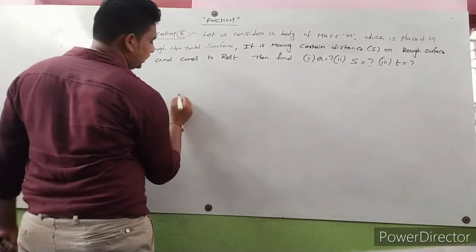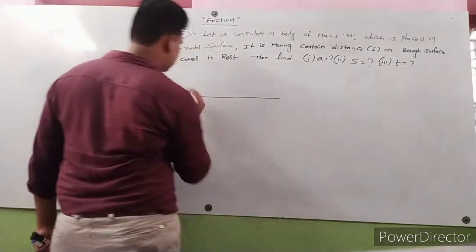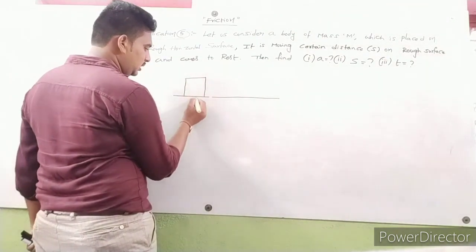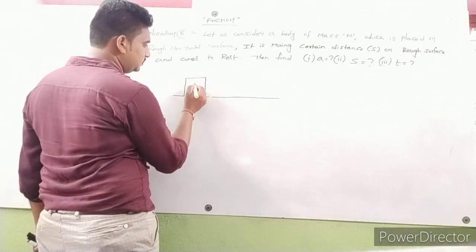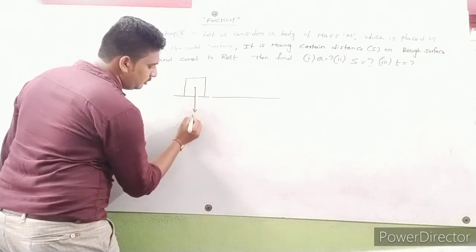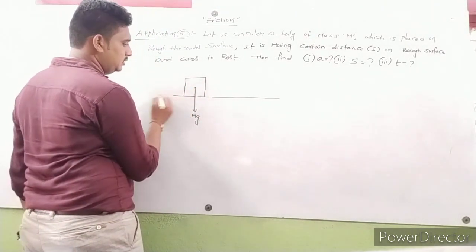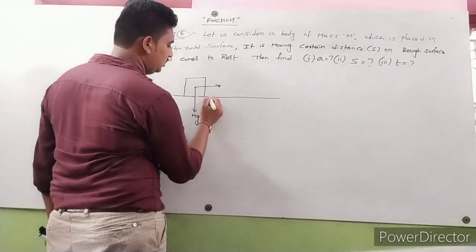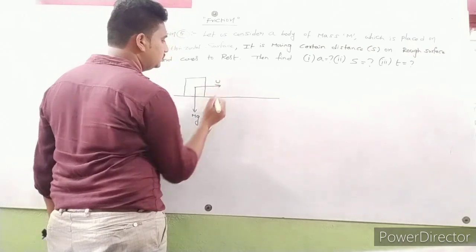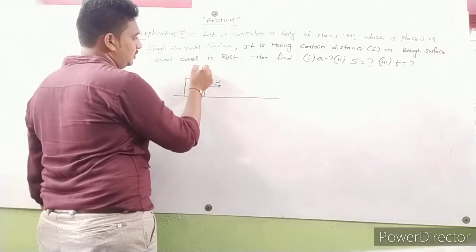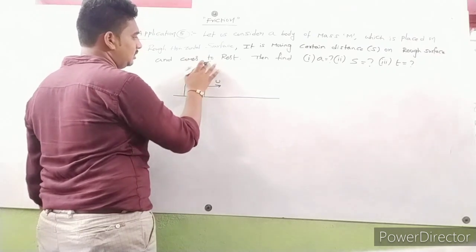First of all, draw the diagram. So this is the block of mass m. Therefore, this is weight mg, and it is moving with initial velocity u. Here is the normal force N acting in the upward direction.